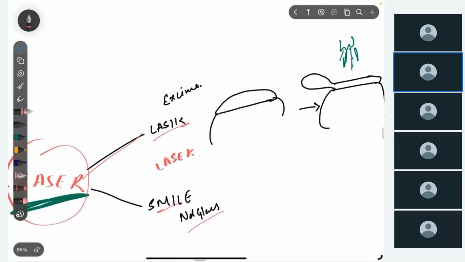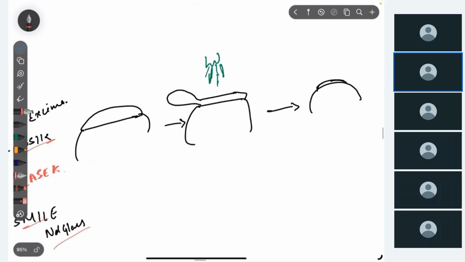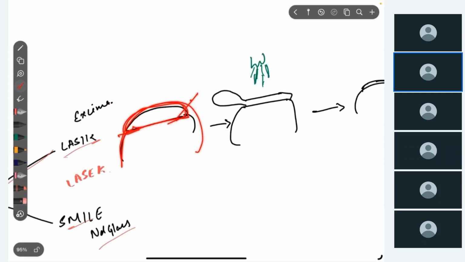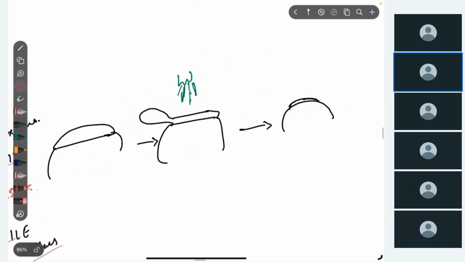In this, what you do, this is the patient's eye. This is the cornea. So in this, you cut the cornea on one side and you lift a flap like this, the flap that you have raised. And then you use an excimer laser and you burn the stroma of the cornea. If you burn the stroma of the cornea, the thickness of the cornea is reduced.